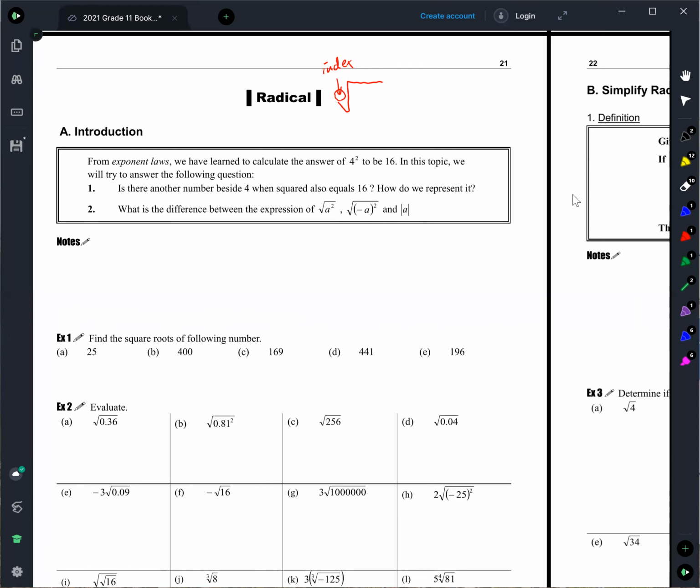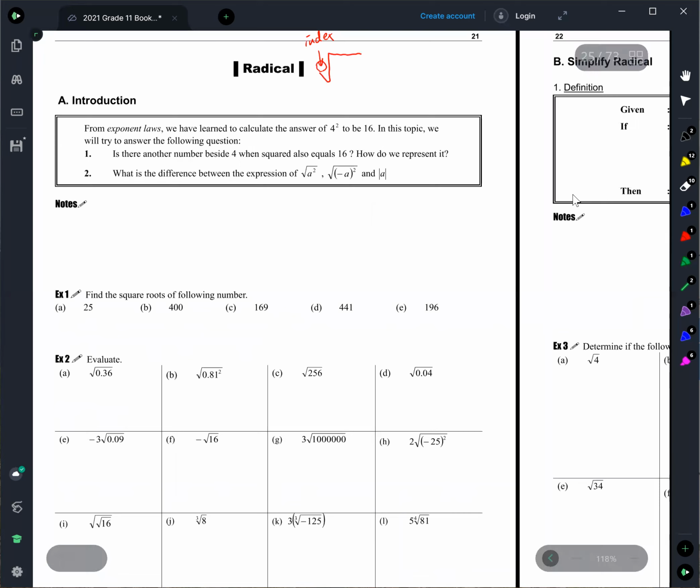Only missing 21, is it, Shanier? Yeah, so probably just miss a page when they photocopied it. So you can take the notes on a separate sheet of paper, okay? And then just glue to the book, okay?